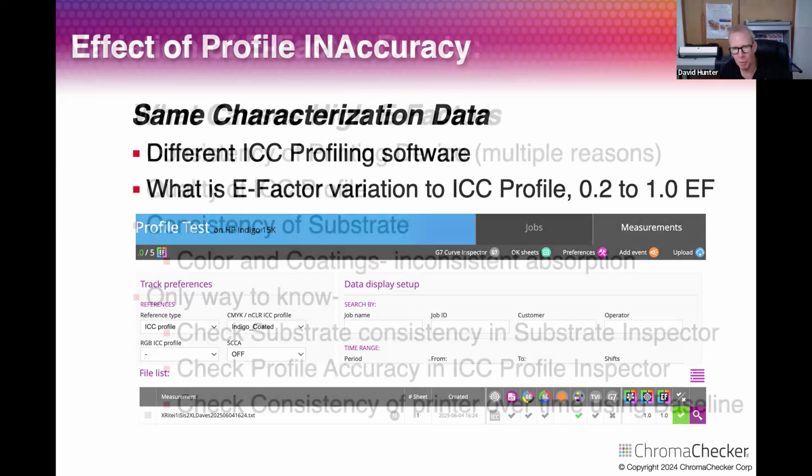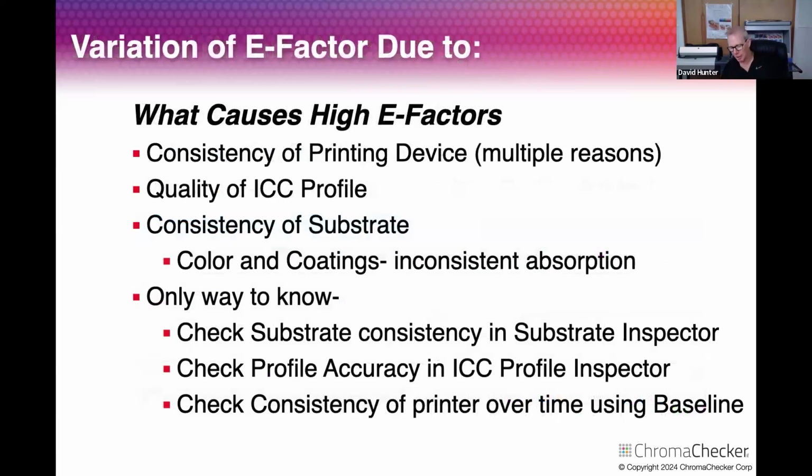So just wanted to throw another key thing here: profile accuracy is a big aspect, especially when you're trying to align printers. Now, when we're talking about variation E factor, so let's say I print 2 prints and they're off. Why are they off? Well, number one is consistency of the printing device.